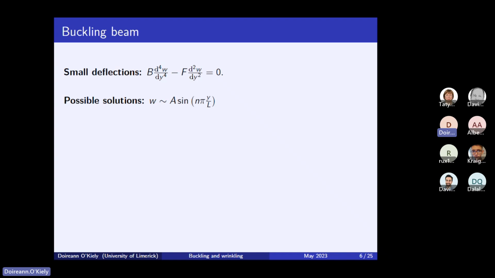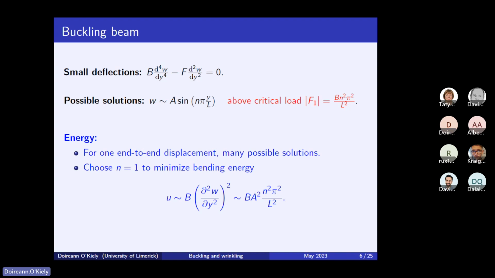And if I want to impose particular boundary conditions, then I can only have non-trivial solutions for particular values of F. Okay, and so there's some critical value of F where you first get a buckling solution, and then beyond that you expect it. Okay, so that's your critical load, which you can calculate basically by differentiating that and sticking it in there.